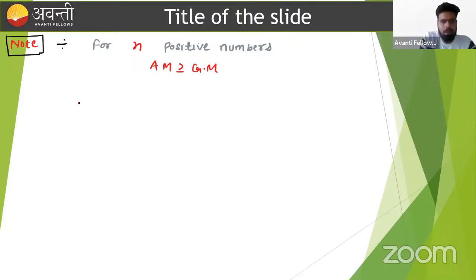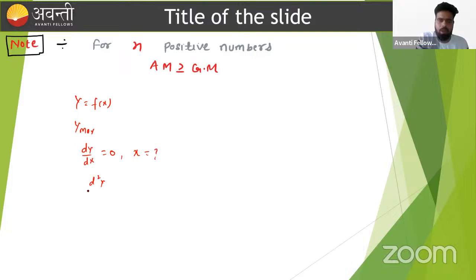Suppose a function is given as y equals f of x, and we have to find the maximum value of y. Then what is the systematic procedure? We have to find dy by dx, put dy by dx equal to 0, then find the critical points.